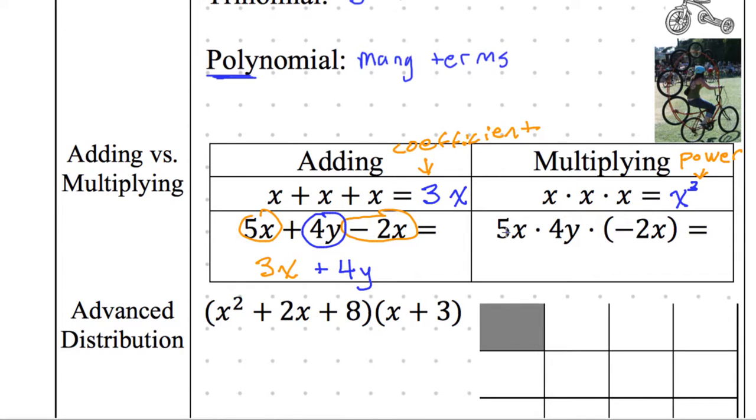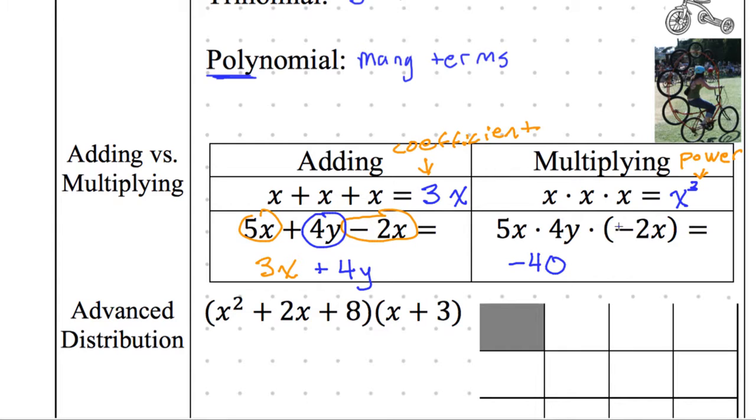So let's multiply all the numbers first. Ready? 4 times 5, 5 times 4 is 20 times negative 2. Negative 40. There it is, negative 40. I multiplied all the numbers together. I'm now going to multiply all of the x's and y's together.